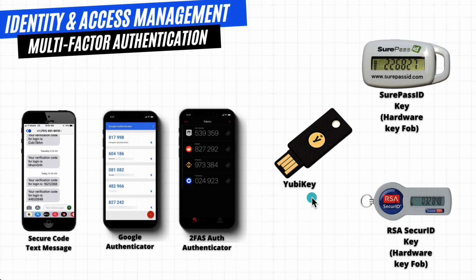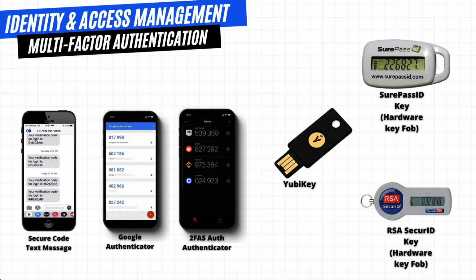It is a hardware token that verifies your identity to a service or application like AWS. The SurePass ID and the RSA Secure ID key do the same thing as your MFA application, but they are hardware-based and some may argue they are harder to get to.